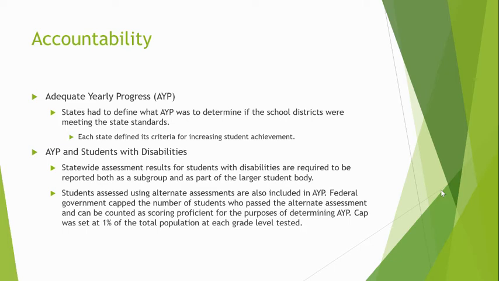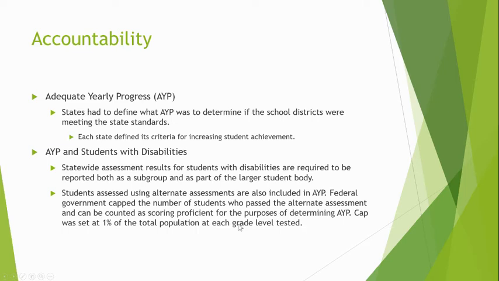Students assessed using alternate assessments were also included in AYP. The federal government capped the number of students who passed the alternate assessment that can be counted. The cap was set at 1% of the total population. This is kind of a big deal because for students with disabilities in special education, AYP is saying, we acknowledge that they might take a different test, but only 1% of that total population can have an alternate test that will be counted.